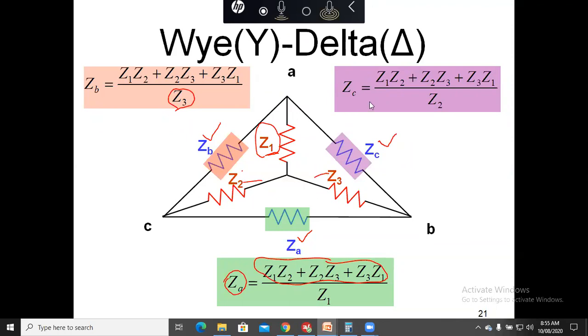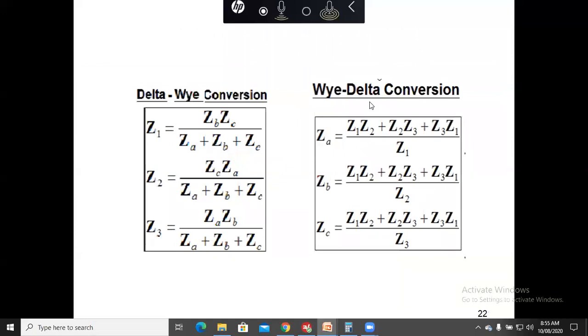Okay, I explain this again. In delta to Y conversion, we are given ZA, ZB, and ZC, right? And we will multiply the adjacent impedances and divide by the sum of all the impedances.